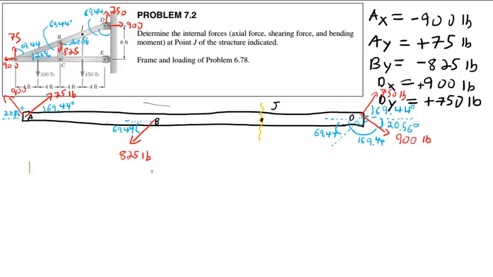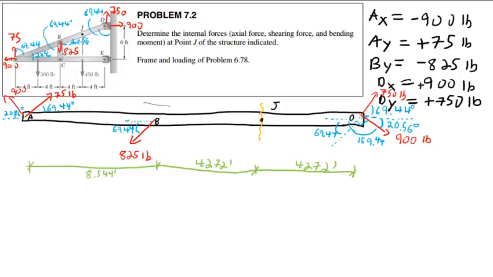So this here is, again, the 8.544. And this is 4.272 and 4.272. 4.272 feet.